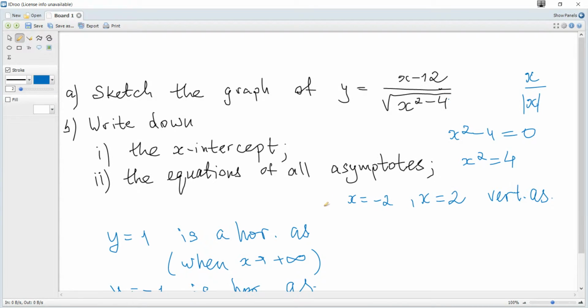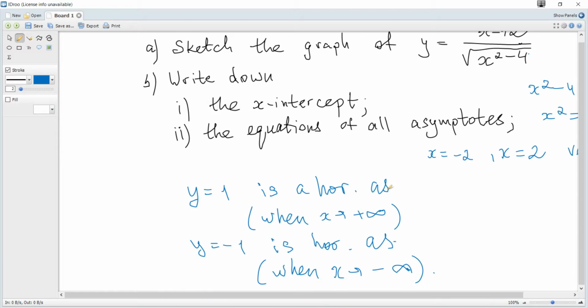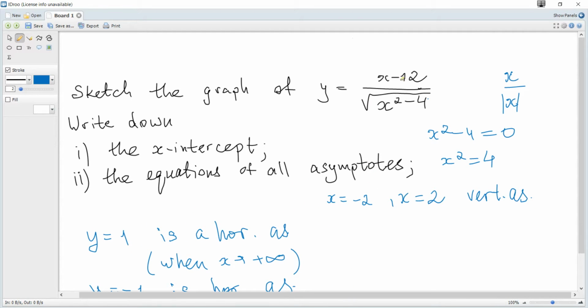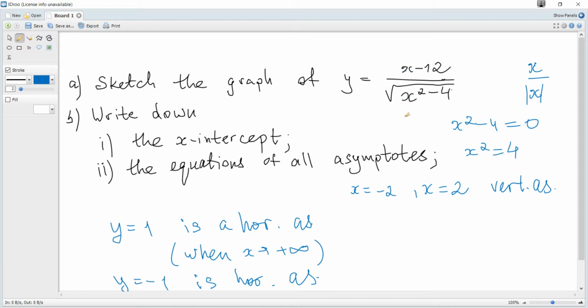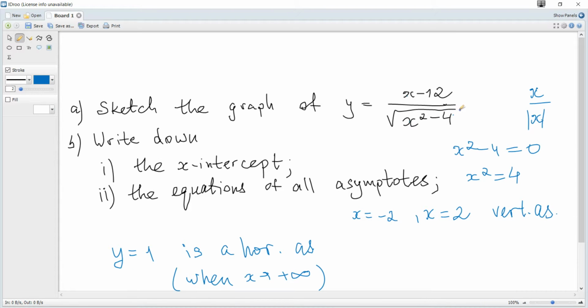And what about x-intercept and y-intercept? To find y-intercept, we should consider x to be equal to 0. But you can see that when x is 0, square root of negative 4 doesn't exist, so there is no y-intercept. And also there is a domain, because square root cannot be equal to 0. It's because denominator cannot be equal to 0, but square root must be greater or equal than 0 in general.